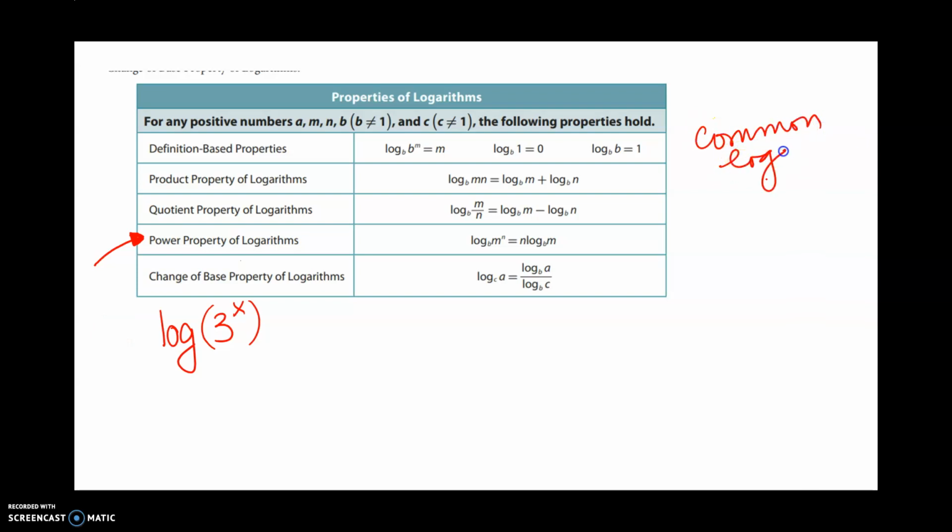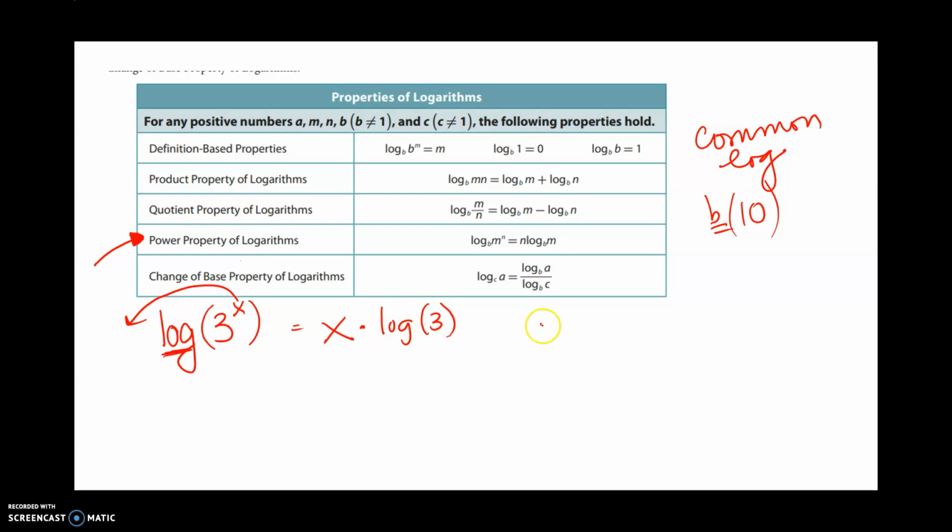If there's no base showing, it's base 10, isn't it? So log base 10 of 3 to the x. If I was trying to get to that x, it's stuck in the exponent. But the beauty of this is because I take the log of this number, that x can come down in front and become x times log of 3. It's a really beautiful thing, folks.